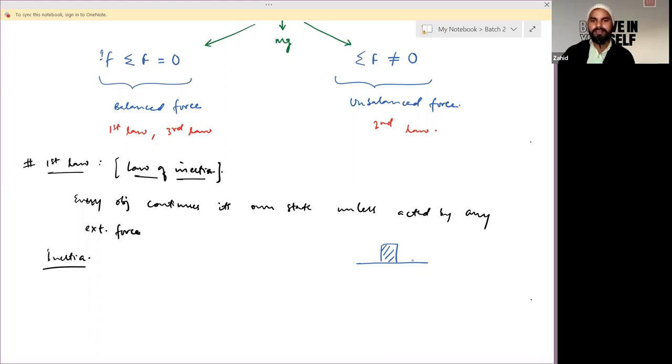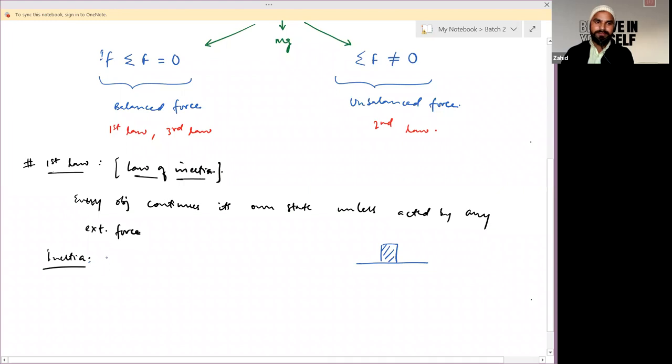So you'll say this block has inability due to which it can't change its state by itself. This tendency or inability of any object is termed as inertia. Is it clear? Yes, sir.